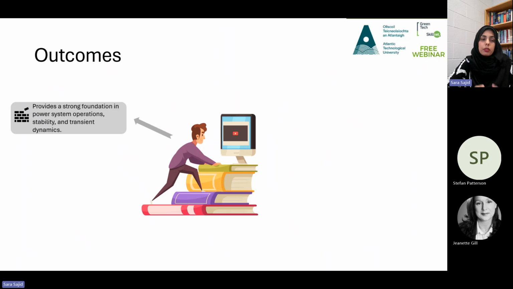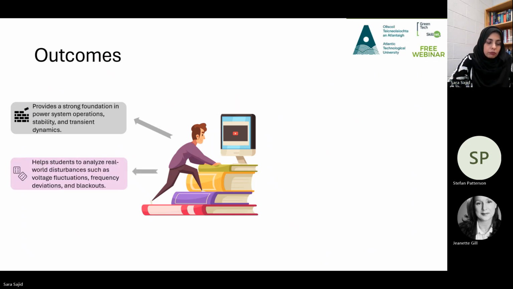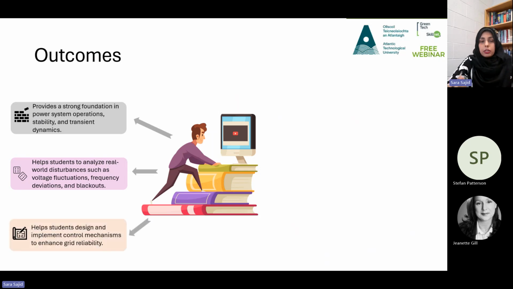If I say abnormal, it means it can be a faulty condition, a transient condition, any kind of condition. This module helps students to analyze real world disturbances, for example, voltage fluctuations, frequency deviations, and blackouts. And after the completion of this module, our students will be able to design and implement control mechanisms to enhance grid stability and reliability.